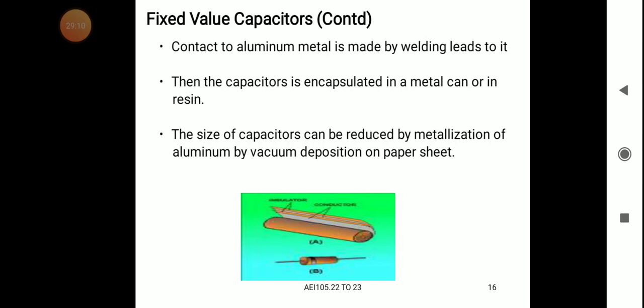Then the capacitor is encapsulated in a metal can or in a resin. The size of capacitors can be reduced by metallization of aluminium by vacuum deposition on a paper sheet. Like that, we try to reduce the size of the capacitor.